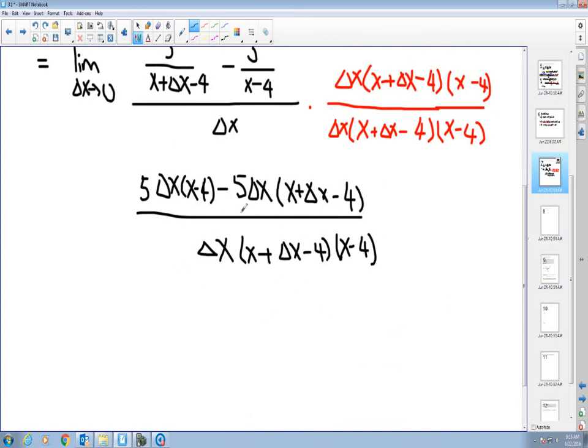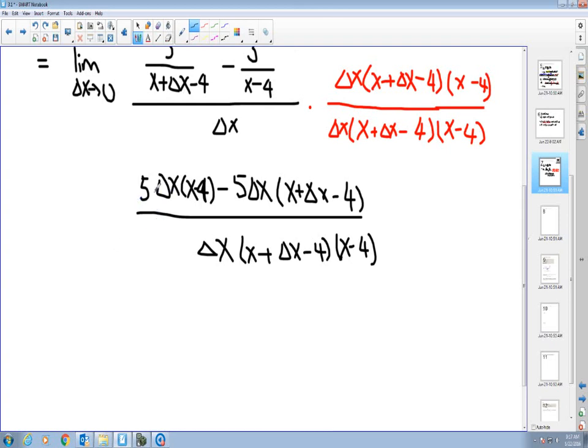I want to simplify the top, because what I have in mind is where I've got lots of delta of x up top, and then eventually I can factor them out and cancel with the delta of x down here. Somehow, some way, something has got to cancel. Therefore, I can apply delta x approaching 0. Right now, this delta x has got to be canceled out for that to happen.